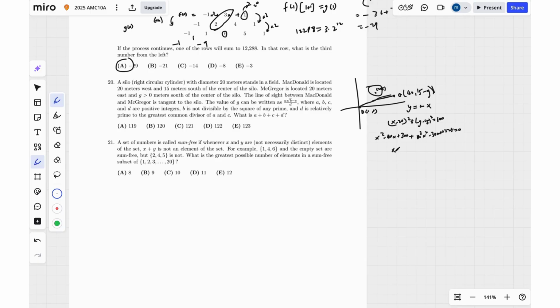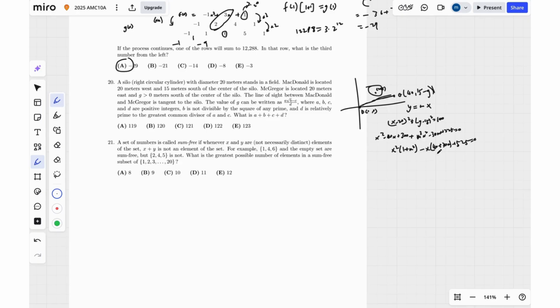Right, so now we have x squared times 1 plus m squared minus x times 40 plus 30m plus 525 equals 0. To have one solution, we want it so that it has a double root, so the discriminant is 0.